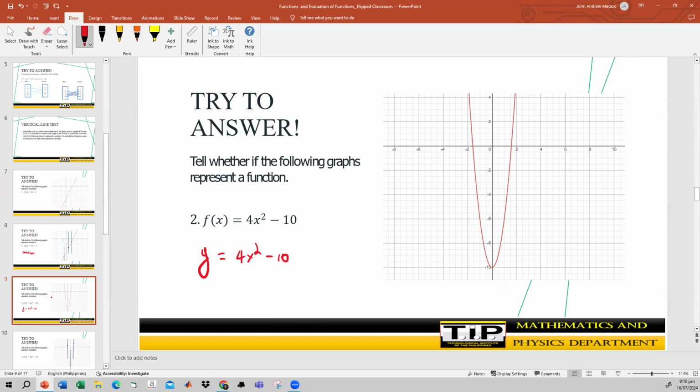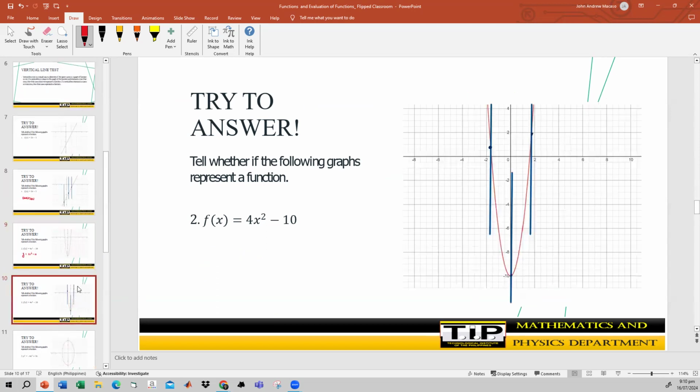As you look on the right side of this presentation, you will see the graph of y equals 4x squared minus 10. If you want to know if this is a function, you just need to draw a vertical line on this parabola.